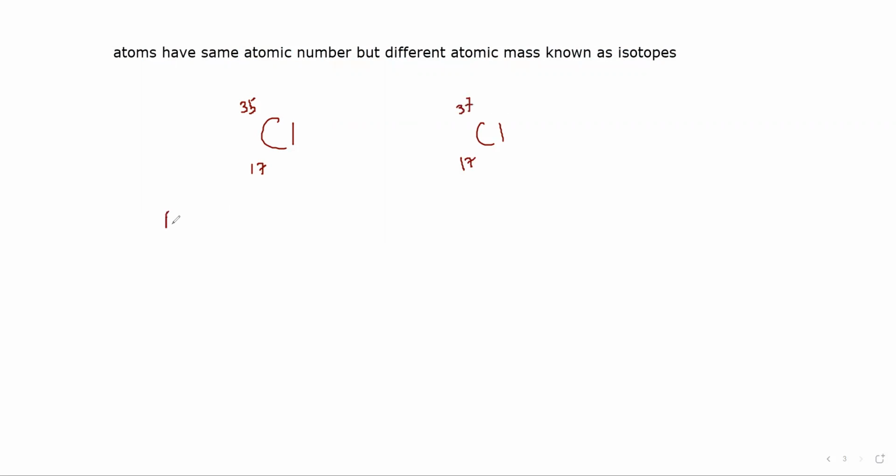What is A here and what is Z? For the first one, what is A and what is Z? So A is equal to 35 and Z is equal to 17.